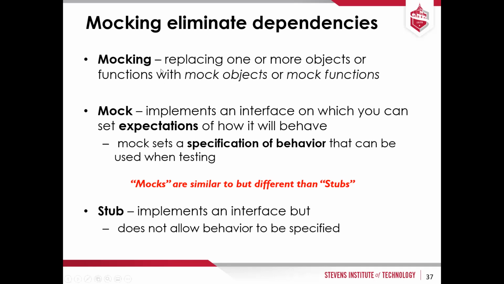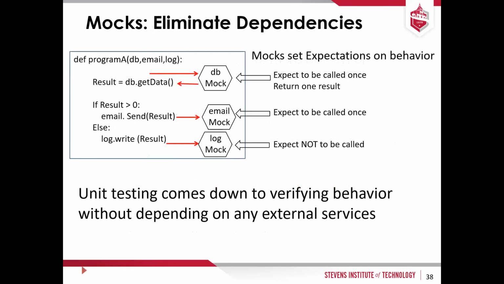Under mocking, we have a mock, which implements an interface on which you can set expectations. What will the result be? And we have a stub that implements an interface but does not allow behavior to be specified. How do we do that? Every time I want to test a dynamic system, I make a copy.